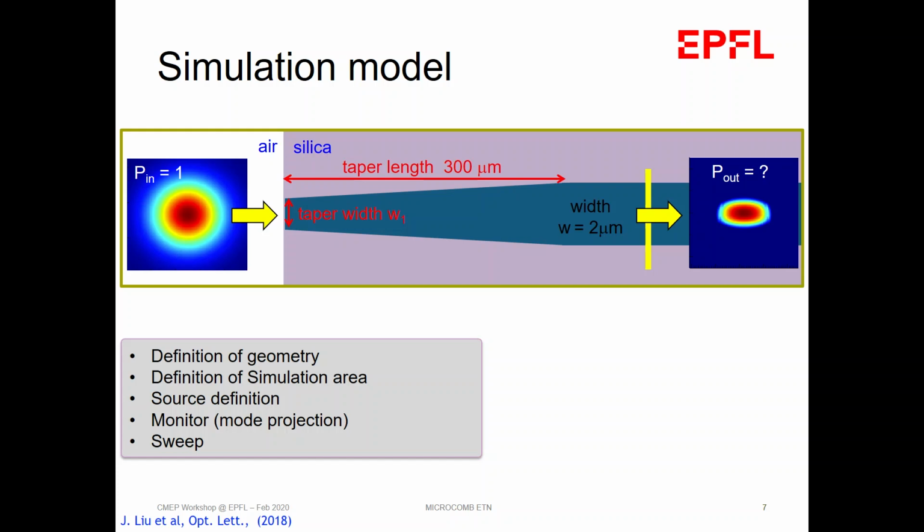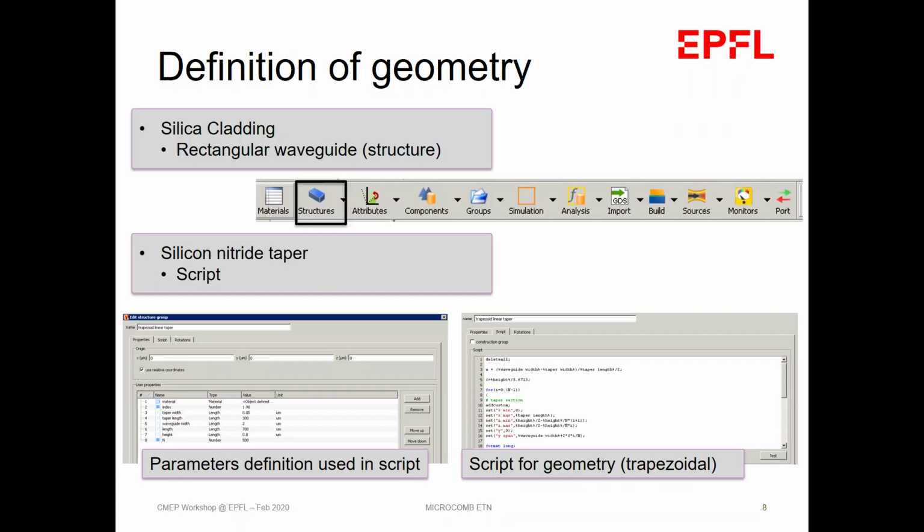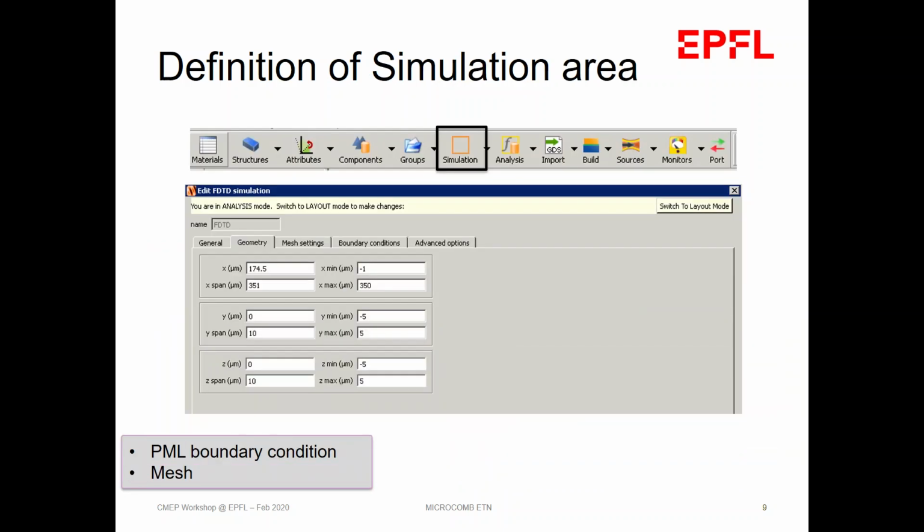So first, for building the model, we defined our silica using the structure. Nitride was defined using this script that you can find in the template file. Afterward, we defined the simulation region.